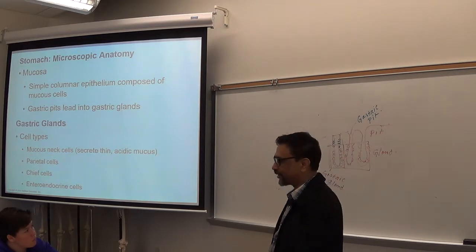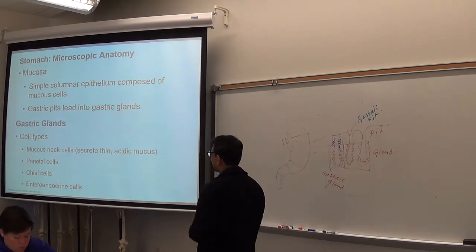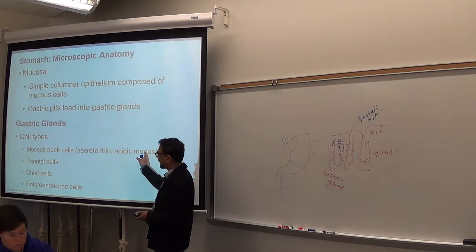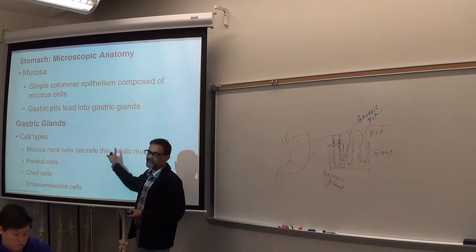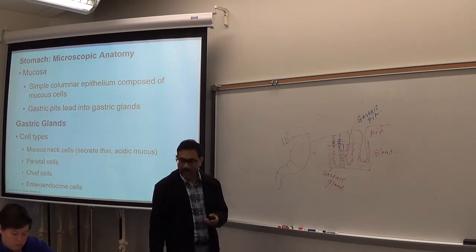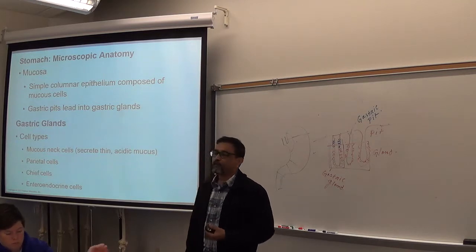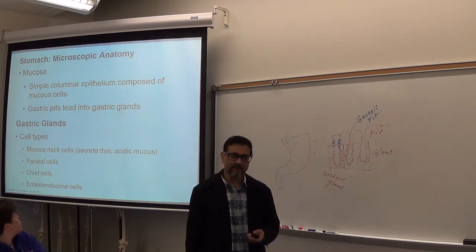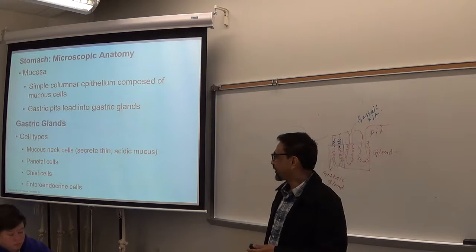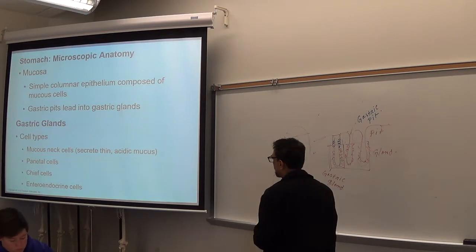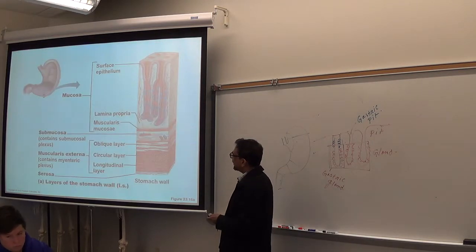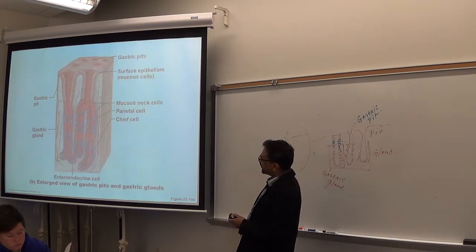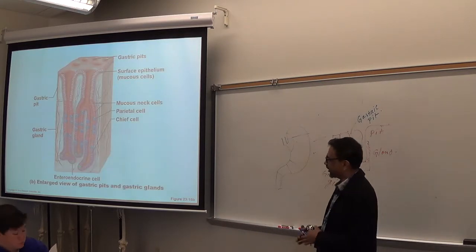The name of the cell is mucus cell. So they secrete mucus, but that mucus is acidic mucus. Then parietal cells, another type of cells, chief cells, and enteroendocrine cells. So those are different types of cells in the gastric gland.